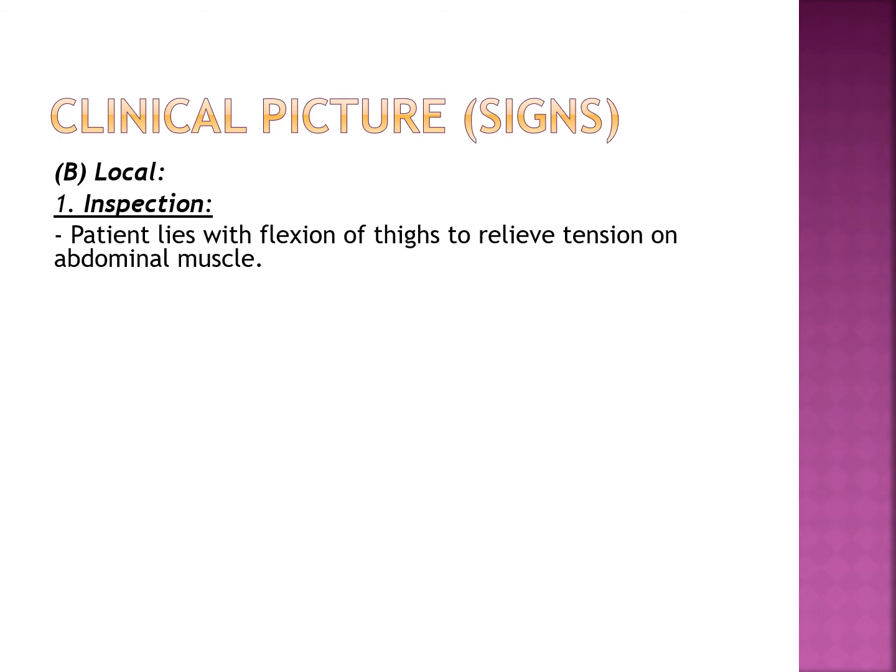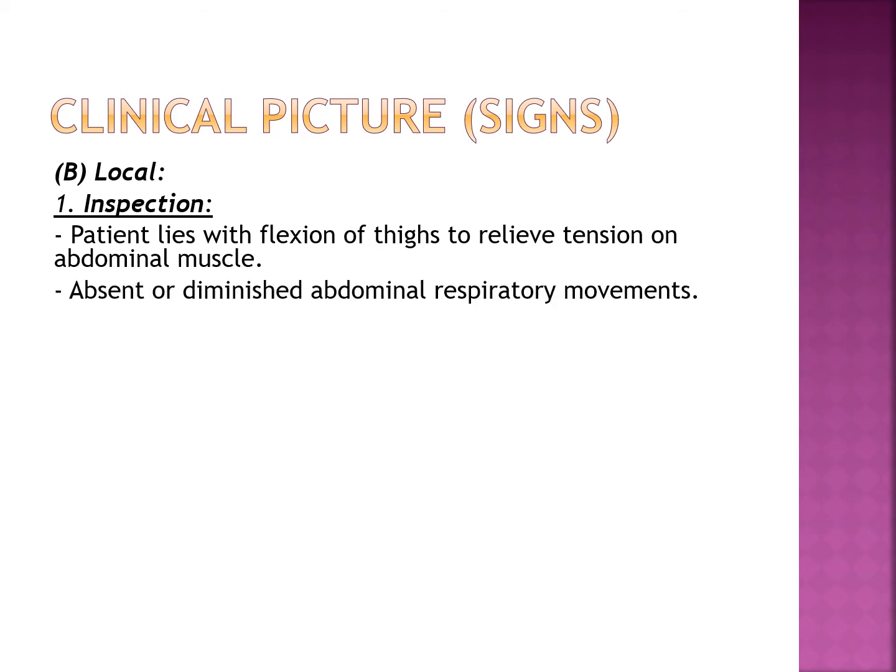As you know, the local examination is composed of 4 parts. Inspection: the patient lies still, tries not to move, and flexes his thigh to relieve the tension on the abdominal muscles. Movement of the abdominal cavity with respiration can elicit pain, so there are diminished or absent abdominal respiratory movements.